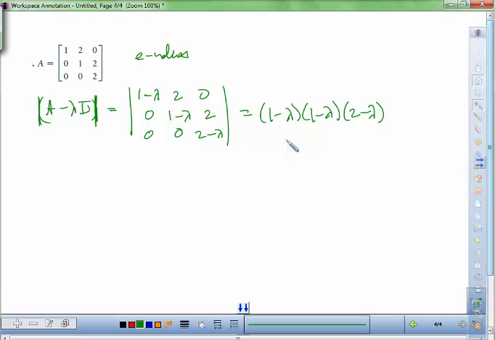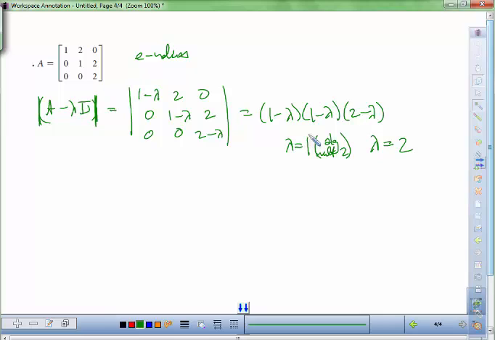So our eigenvalues: lambda is equal to 1, which has algebraic multiplicity 2, and lambda is equal to 2 is our other eigenvalue. For each of these, we want to figure out our eigenspace or eigenvectors.